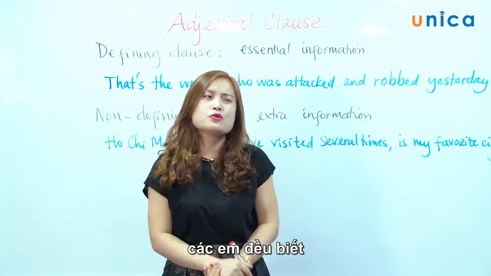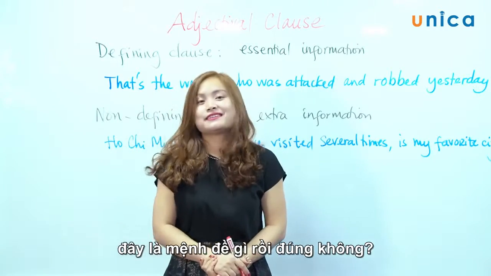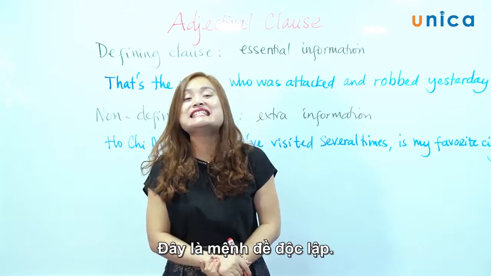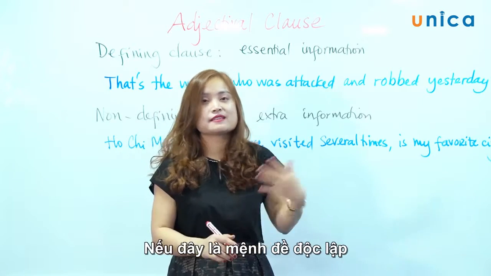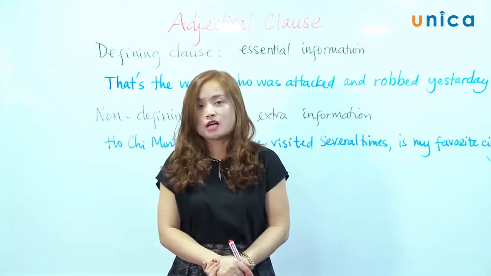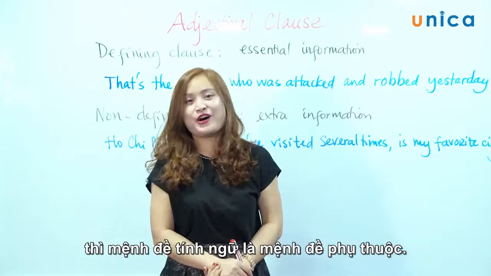Alright? And you already knew what a clause is, right? A clause is an independent sentence, if it is an independent clause, and we also have dependent clause. So adjectival clause is a dependent clause.